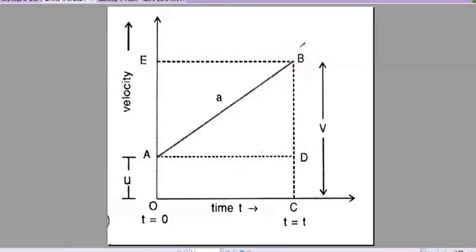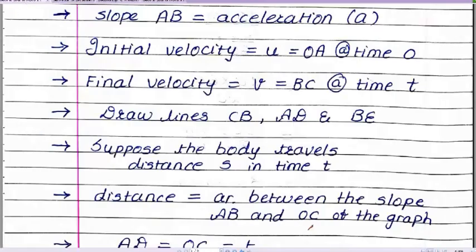Remember, we are drawing from point B, BE, which is on the y-axis, that is the velocity axis, and from B, BC, which is on the time axis, that is the x-axis. And this AD, you can see here, is equal to OC, and OC is time. We need to keep in mind all these things, because all of them are going to be used in our derivation. So, here we have drawn these lines.